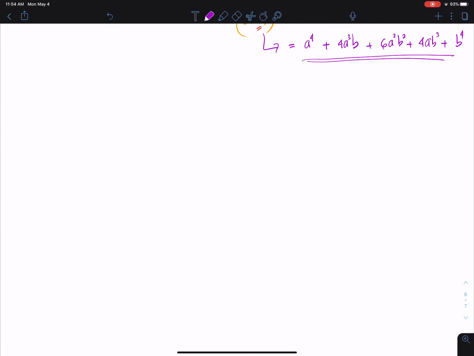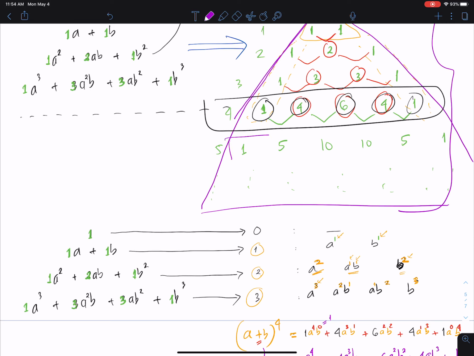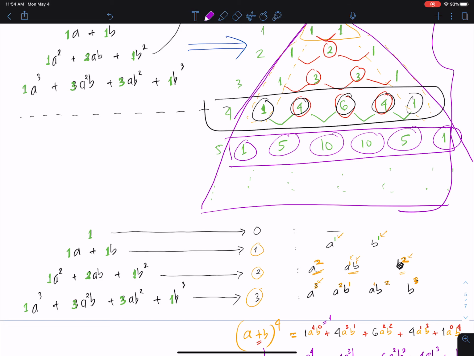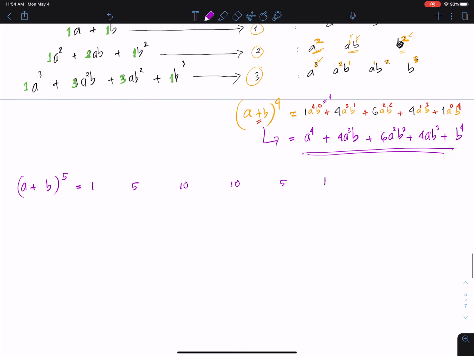So, (a + b) to the power of 5. What will be the coefficients for 5? For 5, we have 1, 5, 10, 10, 5, 1. Check.